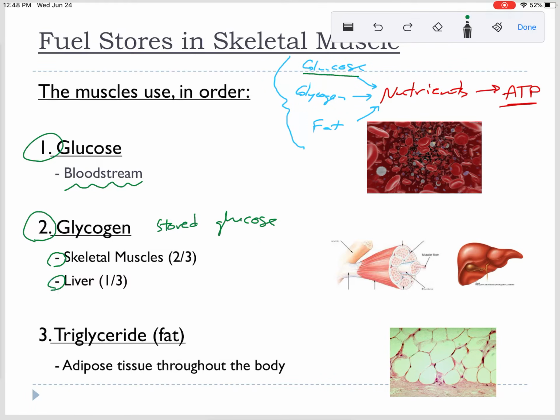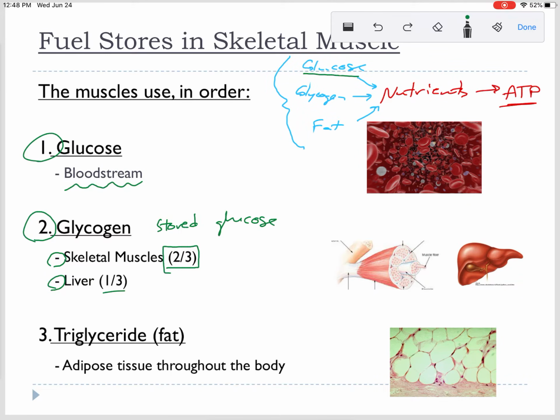And here, I do want you to know where we store glucose. We have glycogen in our skeletal muscles, and we have glycogen in our liver. Two-thirds of all of the glycogen we have is stored in our skeletal muscles, and then the remaining third is stored in our liver.